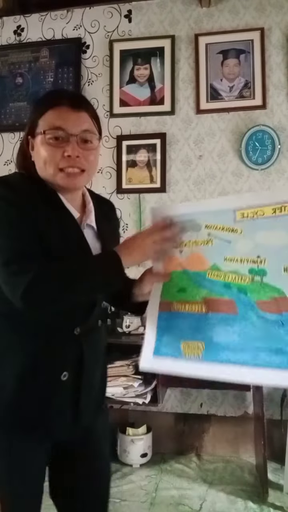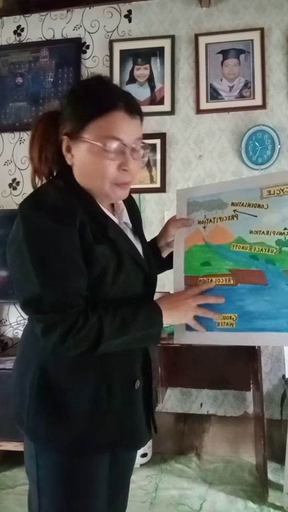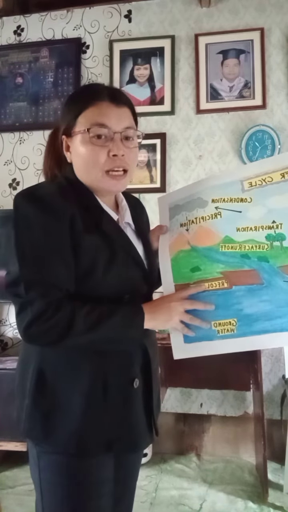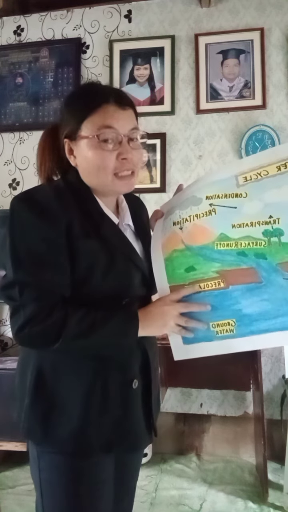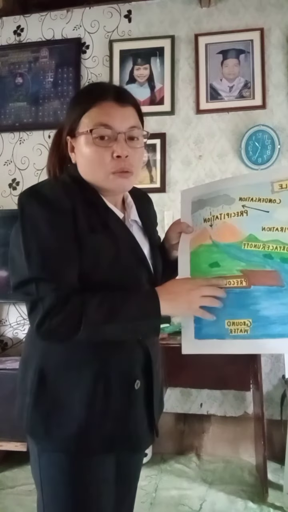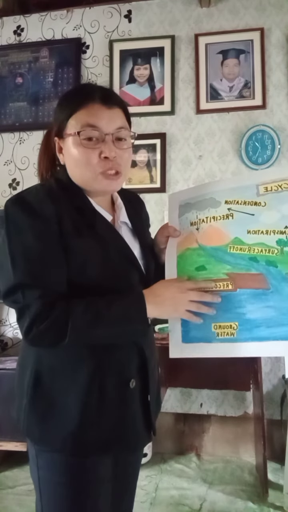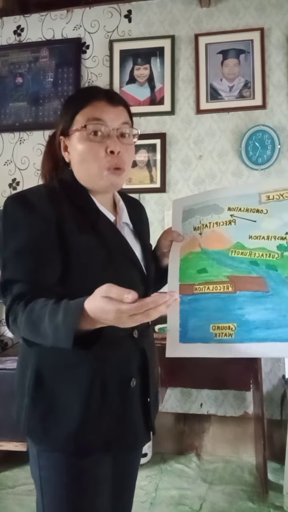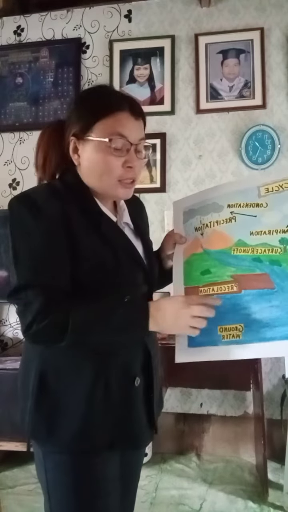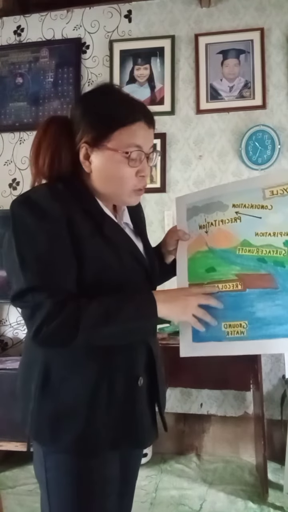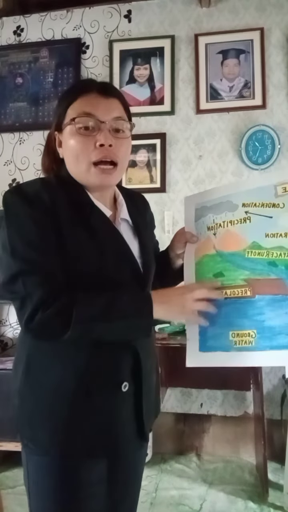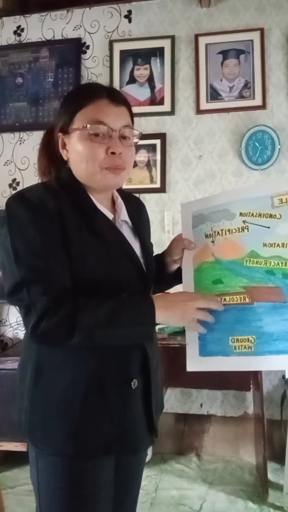So the next is percolation. Another term for percolation, class, is infiltration. Percolation is an important process where the rainwater soaks into, or infiltrates, the ground, into the soil and underlying rock layers. Some of this water ultimately returns to the surface at springs or in low spots downhill.